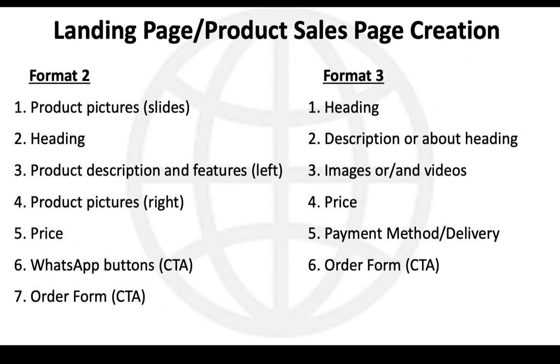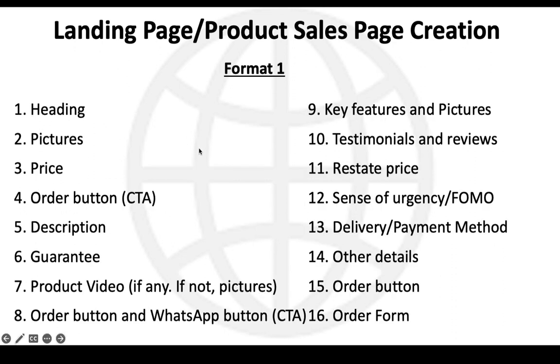So there might be one or two things I might be touching on in this video as well, but I won't really be dwelling on details like I did for the video that explained navigating through Elementor, and creating a product sales page following format 1.